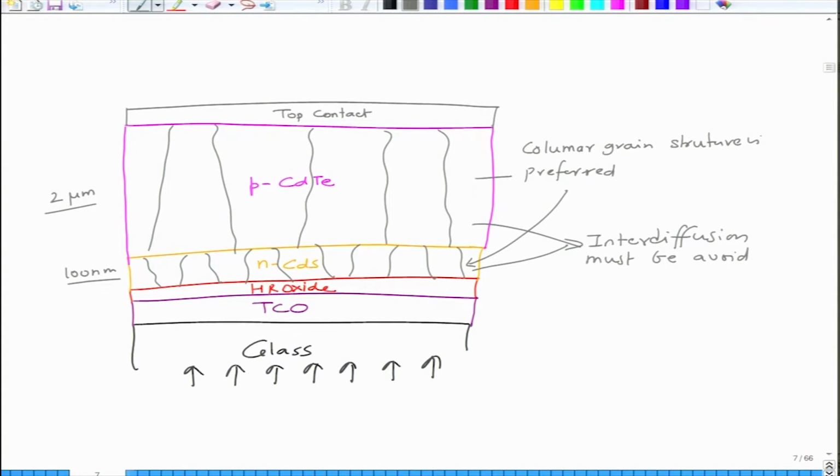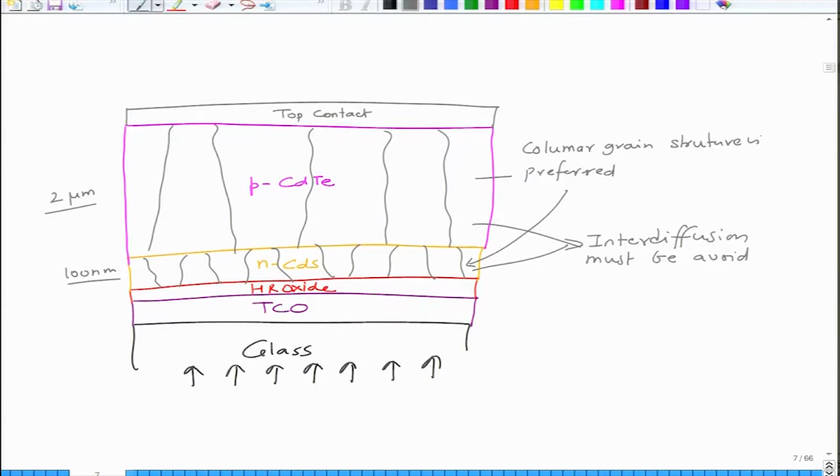And because this layer is very thin, it is possible that you may consume some of this layer with the interreaction. As a result, the CdS thickness effectively may get reduced and you may form some sort of layer at the interface. So these are certain issues in CdTe solar cells which one has to overcome by optimizing the process and studying the interdiffusion of various elements. Of course, there is cadmium on both sides, but sulfur can diffuse on this side, tellurium can diffuse on the other side, making an alloy of CdS and CdTe, which should be avoided.